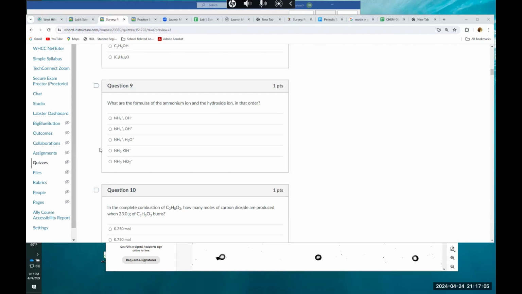Okay, so the ammonium is going to have a plus charge, with NH4. So we can get rid of the bottom two. So then which one is it? It's the top one because hydroxide ion is OH minus. And we have our polyatomic ion sheet to help us with that. That should be an easy question, right?